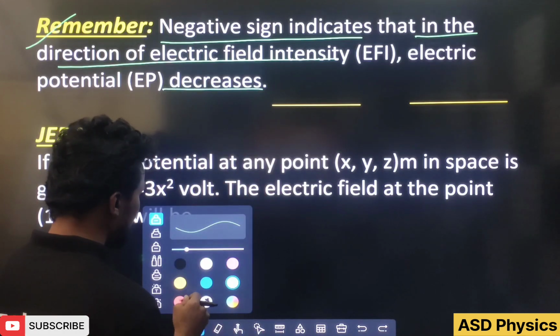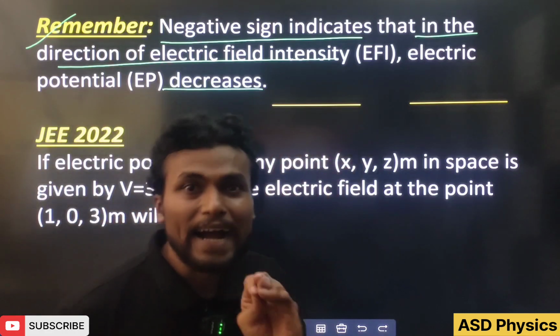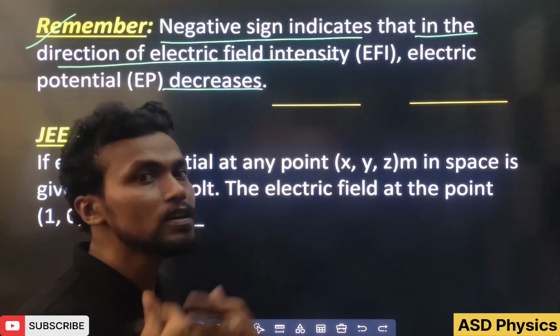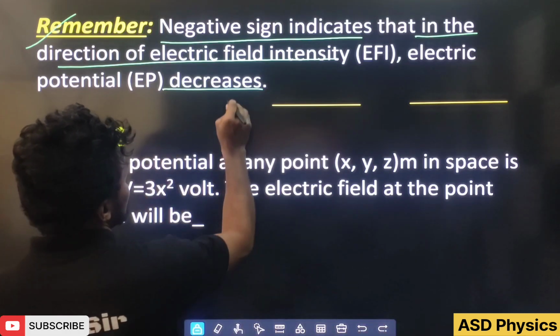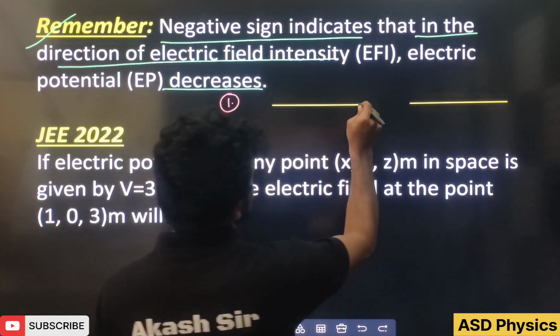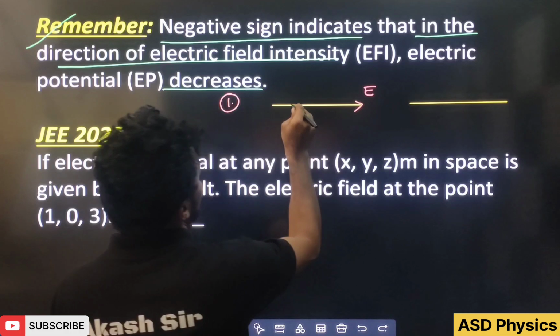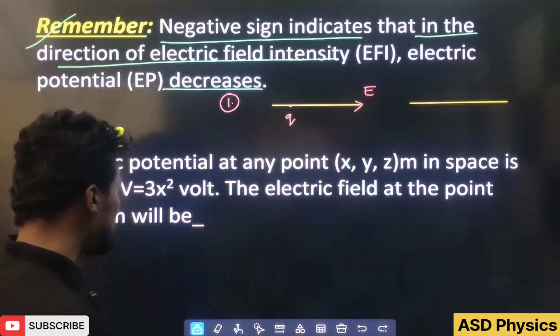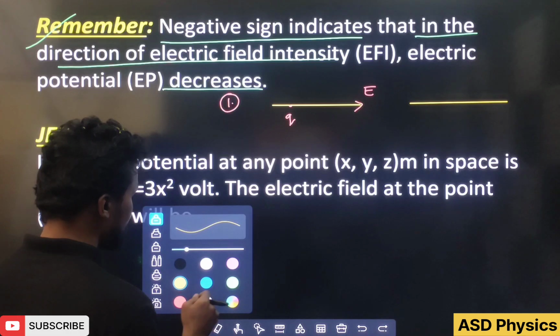Now students, I just want to tell you two important cases that are very important for our future references. First, let's take this is the electric field, and here there is a charge Q. This charge Q has the tendency to move this side.